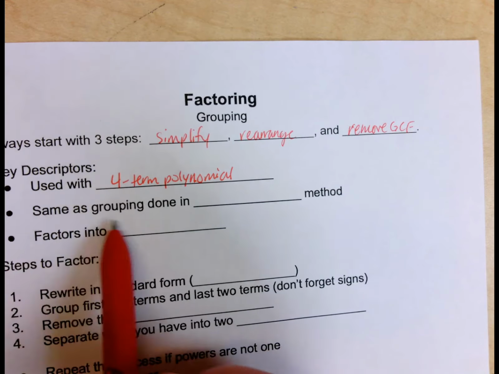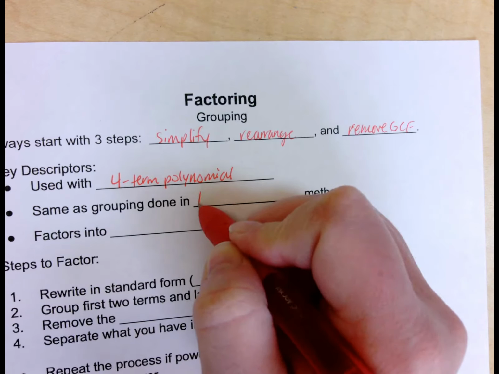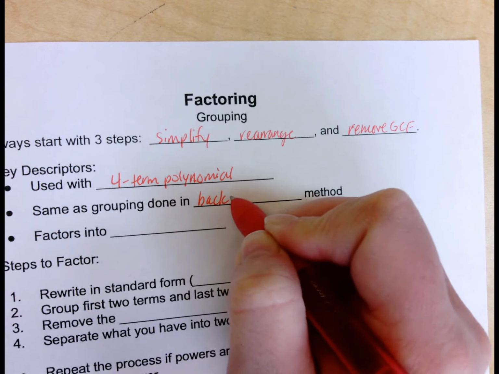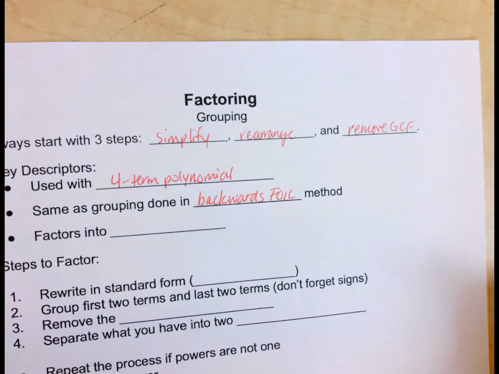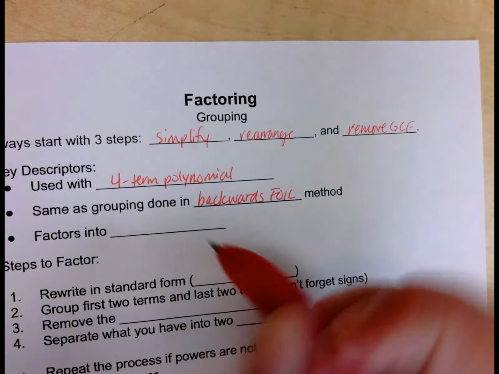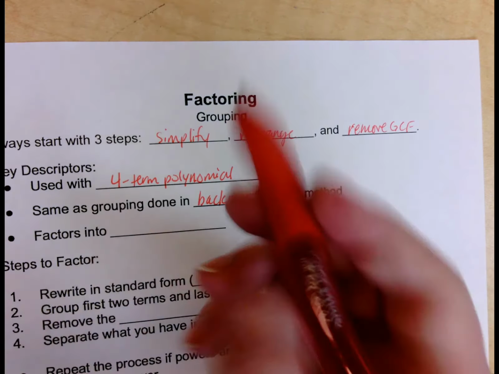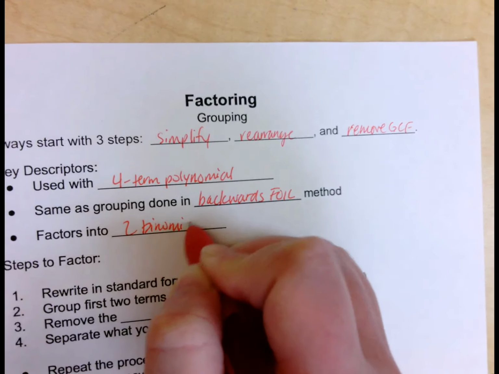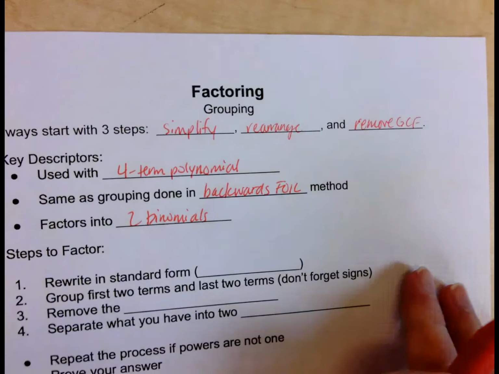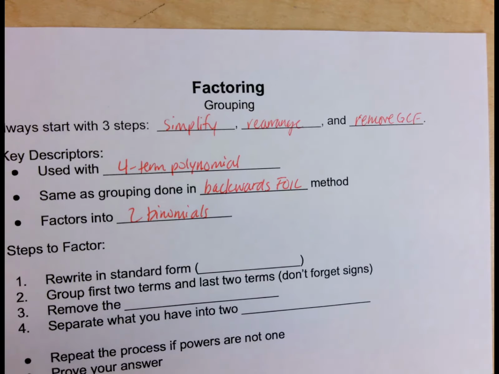It's the same as the grouping that we did in the backwards FOIL method, okay? And it's going to factor into 2 binomials, just like the others have.